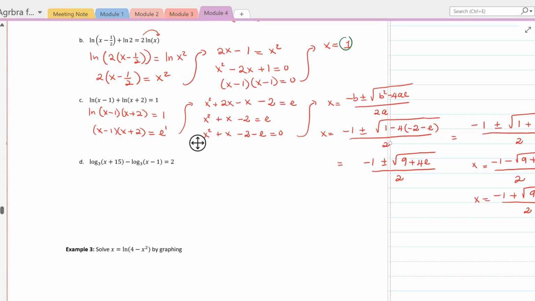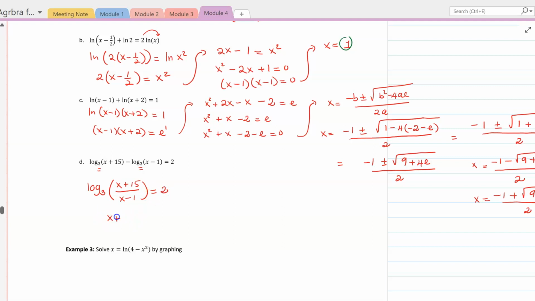And the next one. Note that we have the same base here, and we will use that in a little bit. First I can write this as log base 3 of x plus 15 divided by x minus 1, and that equals 2.